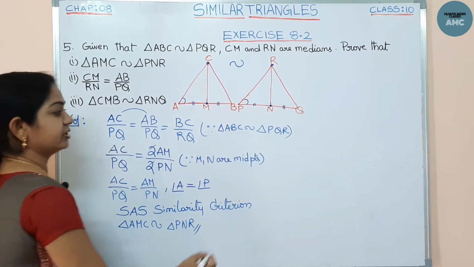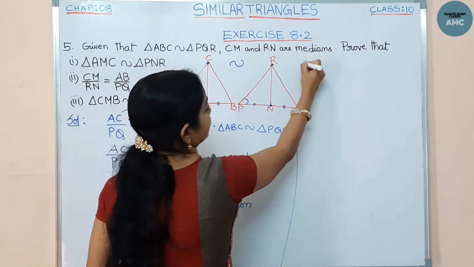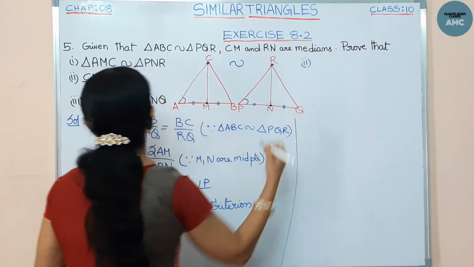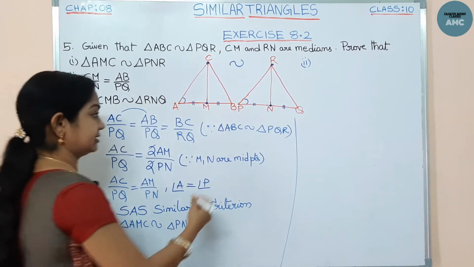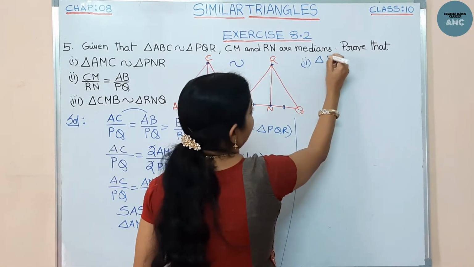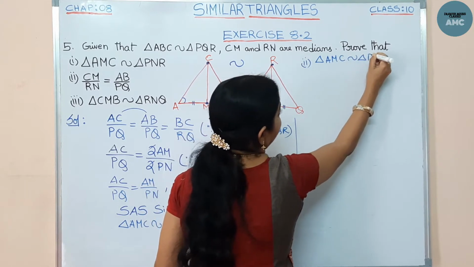Right, let's go for the second one. I'll do it here. Here, we have got these two as similar. We know that triangle AMC is similar to triangle PNR.